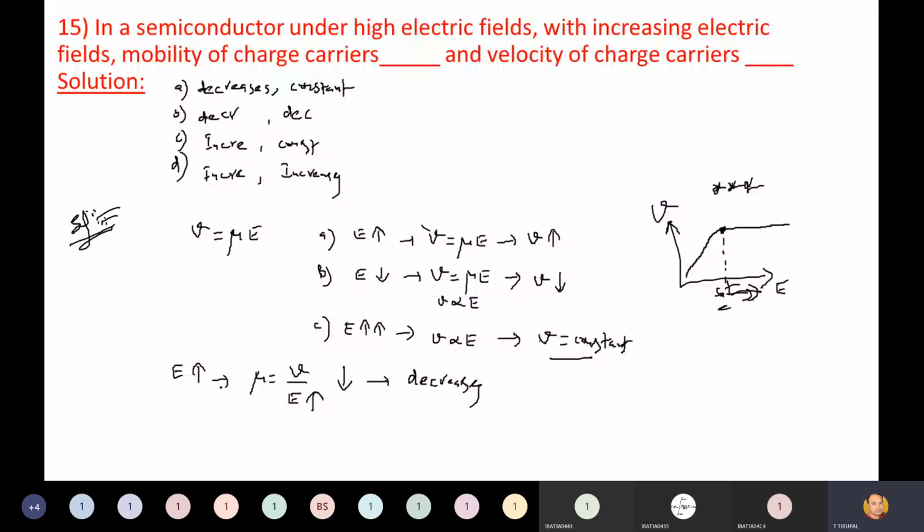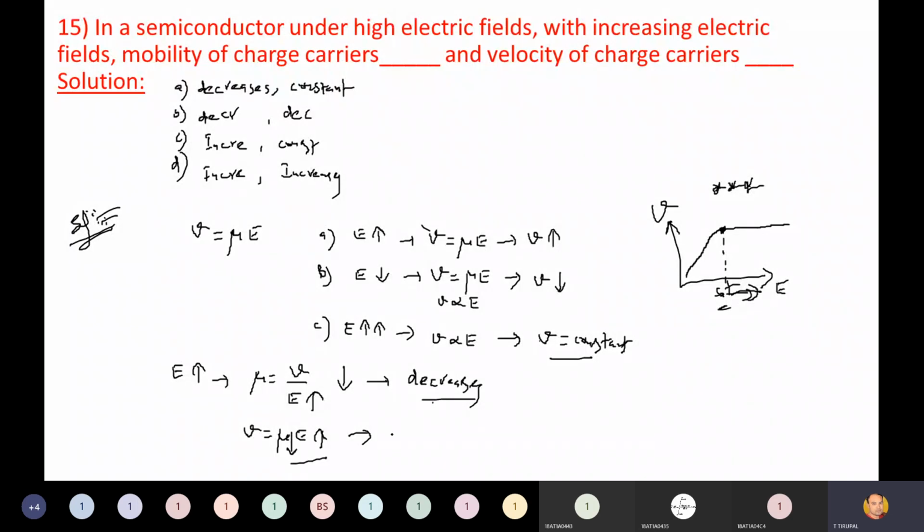Next, what happens to the velocity of charge carriers? Velocity V is equal to mu E. Electric field is increasing, and mobility is decreasing, so one is increasing and the other is decreasing.